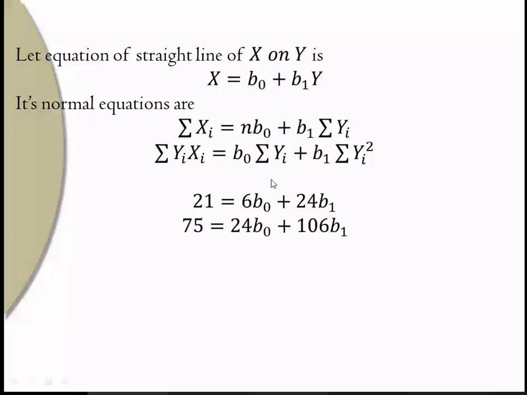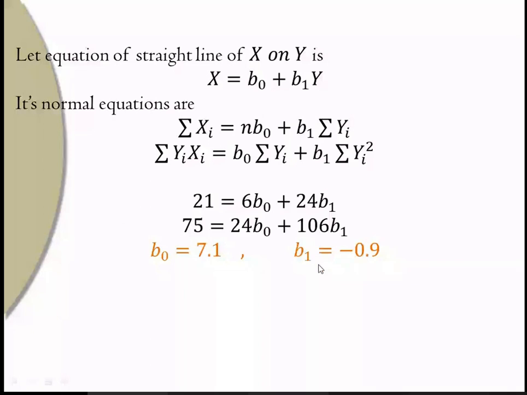Second equation is summation yixi. Yixi and xiyi are one and the same. So take the value of summation xy from the table, 75. Summation y is 24, b naught as it is, b1 into summation y square, that is 106. Solve these two equations simultaneously. That gives us b naught as 7.1 and b1 is minus 0.9.